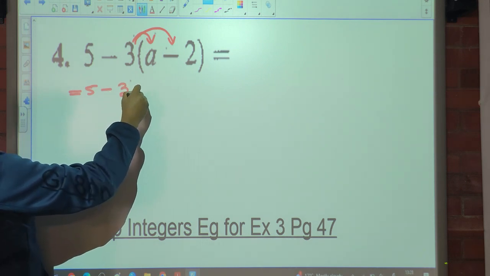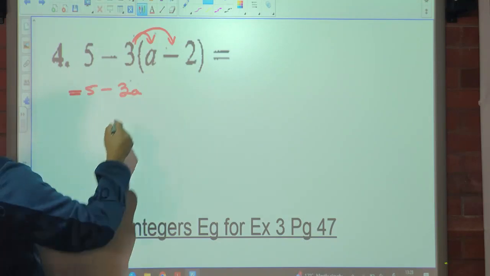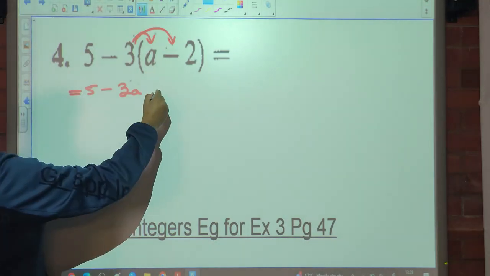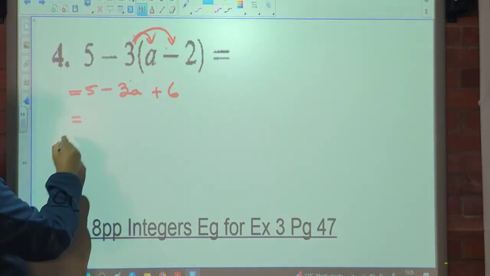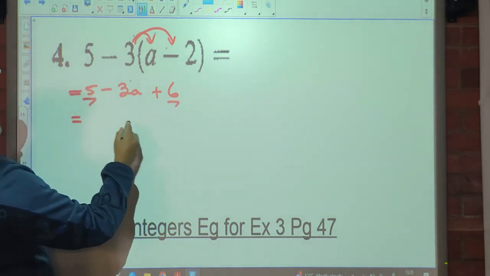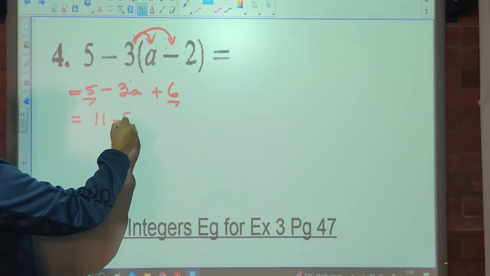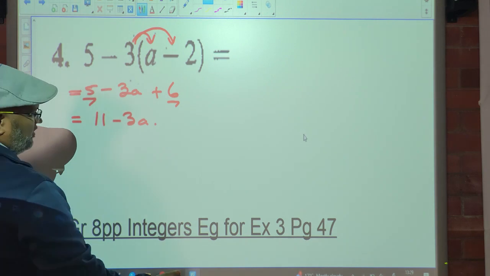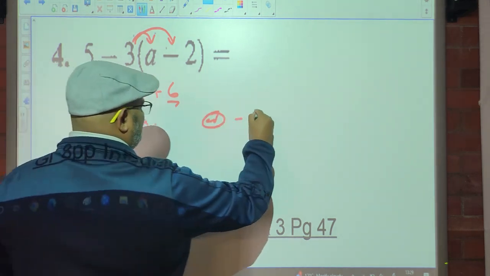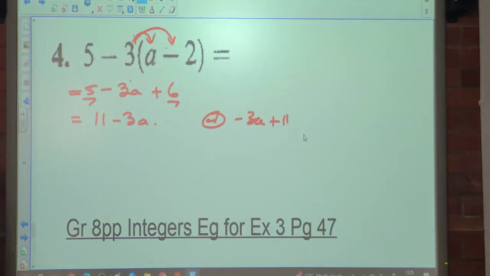Negative 3a. What's negative 3 times 2? What's negative 3 times negative 2? Are they like terms? Got 5 and 6. What's 5 plus 6? 11 minus 3a, or it could have been negative 3a plus 11. Will you guys understand?